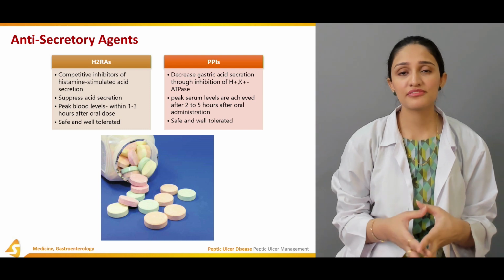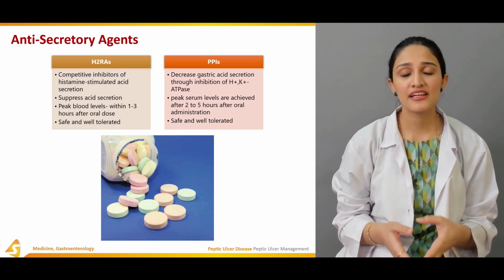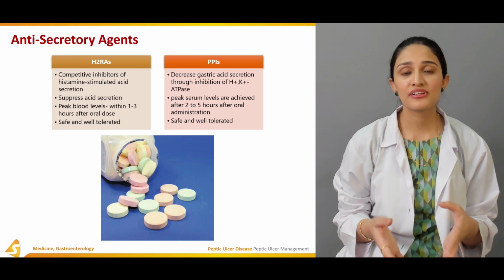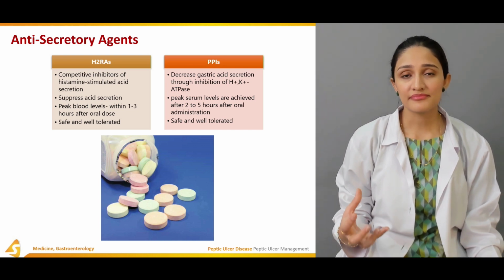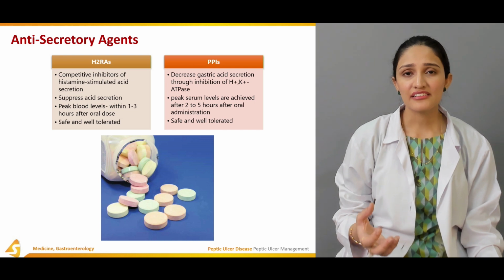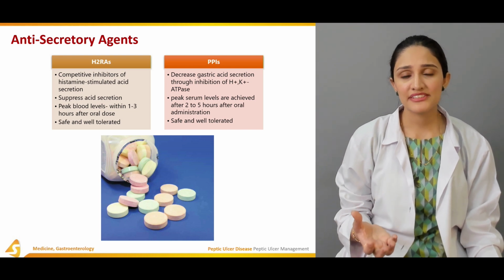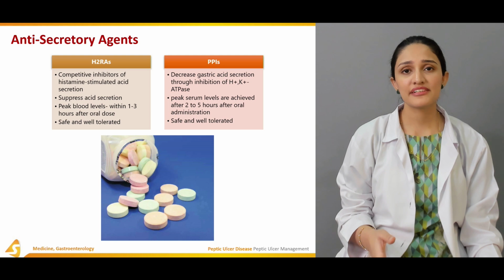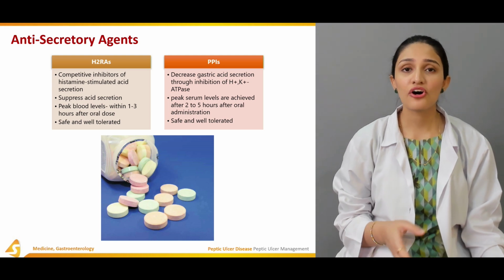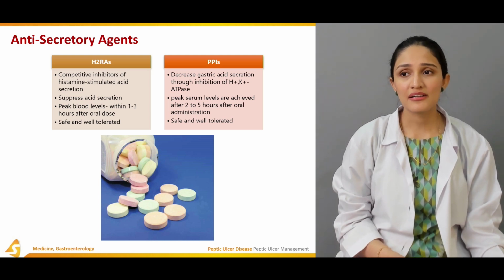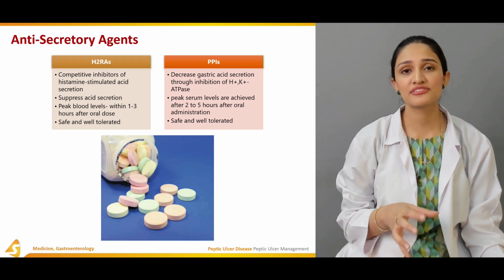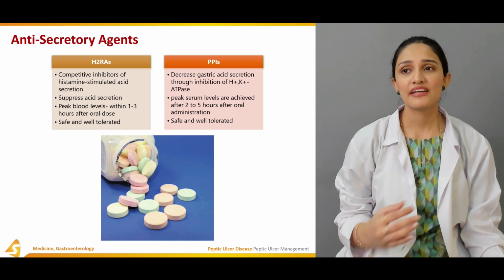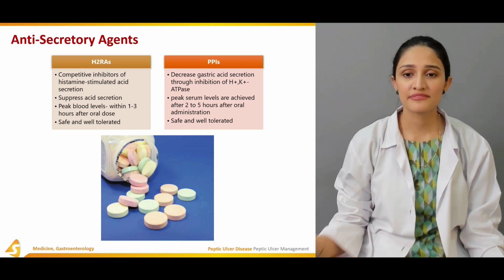The examples of proton pump inhibitors could be omeprazole and rabeprazole, and they're usually side effects. They're not very prominent side effects, but they're usually associated with some diseases such as osteoporosis and gastric polyps and enteric infections, which are infections within the intestine, and they're also associated with pneumonia.